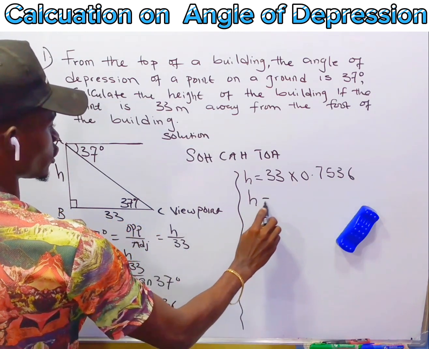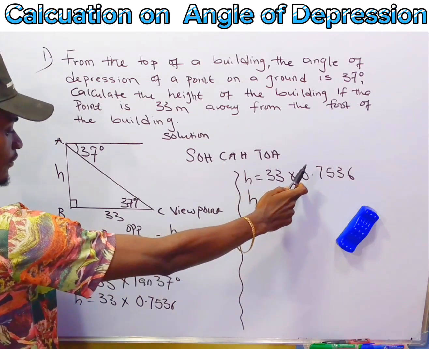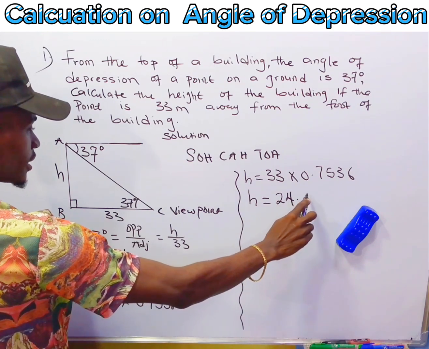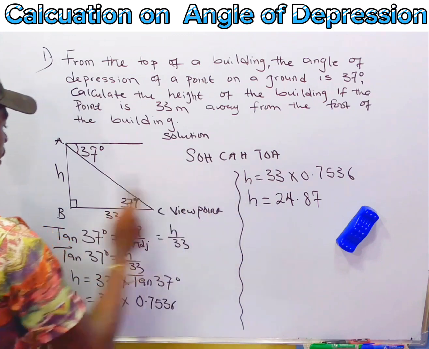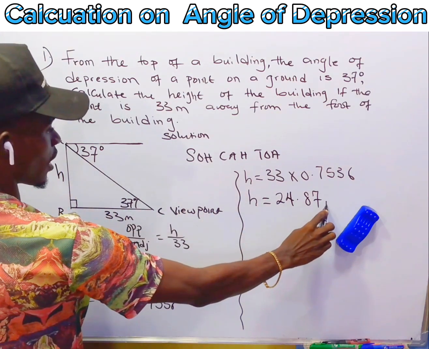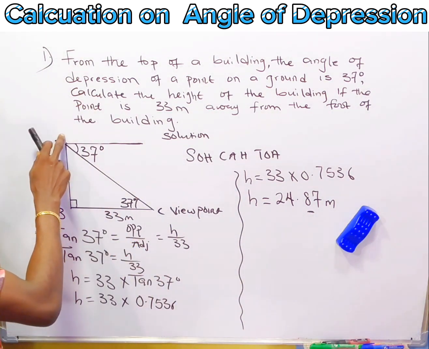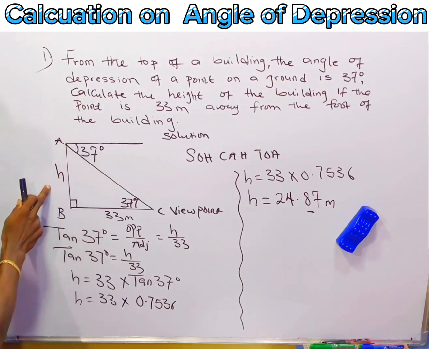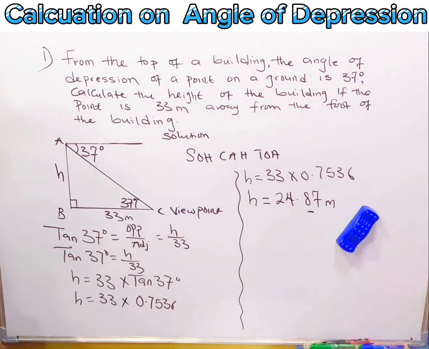When you multiply 33 times 0.7536, you get 24.87. Now, our height is in meters because we are looking for the height, so we'll have it in meters. So the height of a building whose angle of depression is 37 degrees is 24.87 meters.